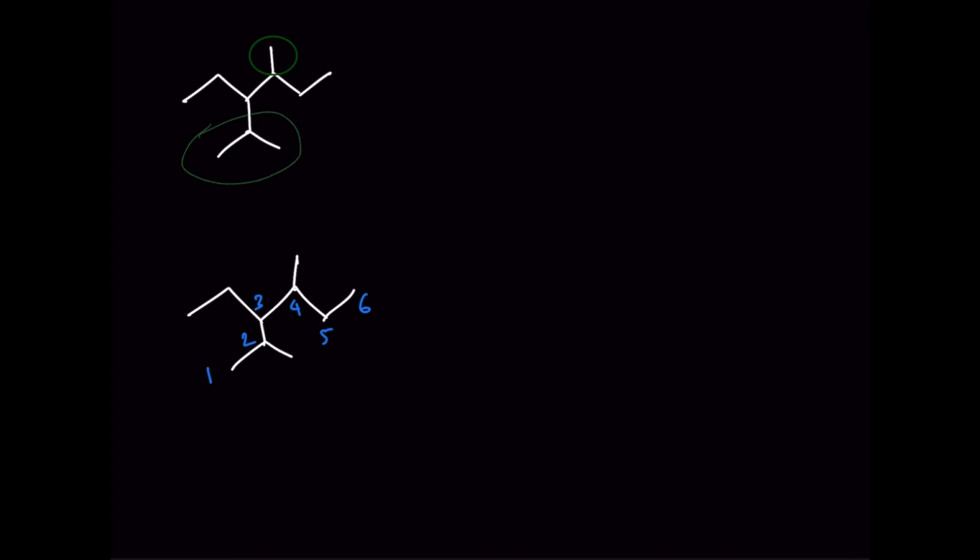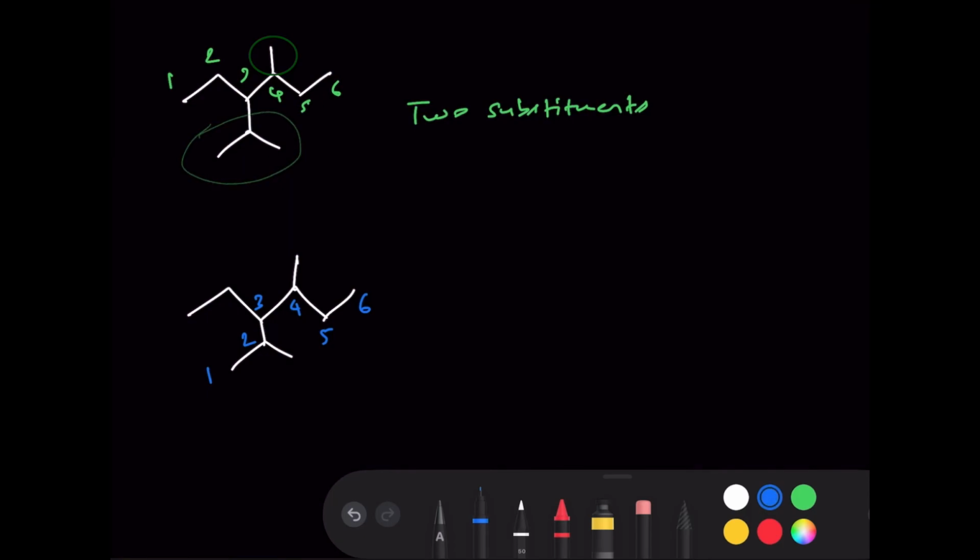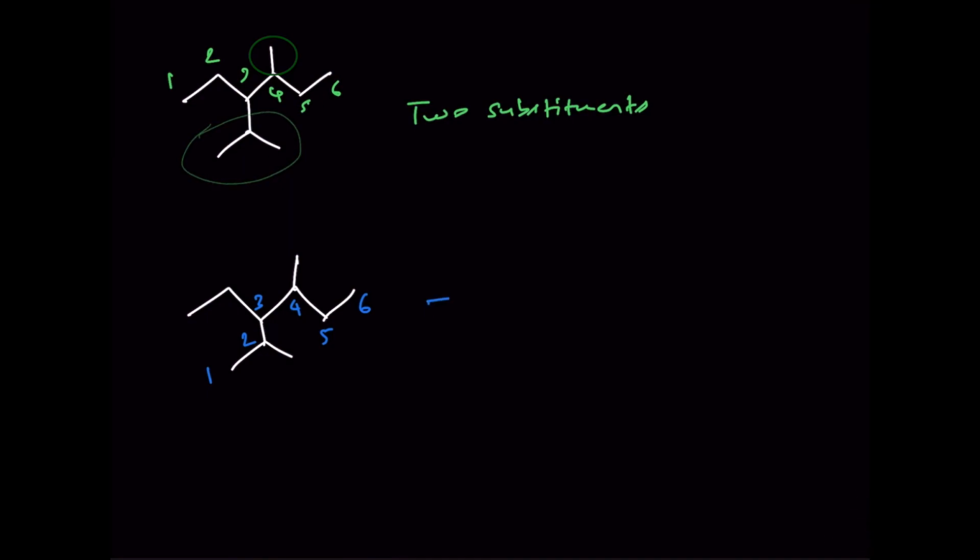On the contrary, if we choose this as our long continuous carbon chain, then we are having only 2 substituents. Whereas here you have 3 substituents. Therefore, you have to choose a chain that has the maximum number of substituents, and therefore, this is correct.